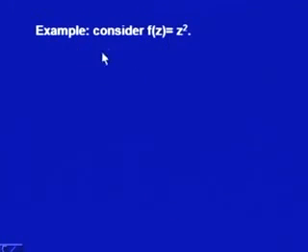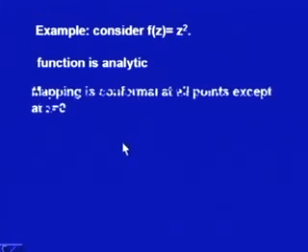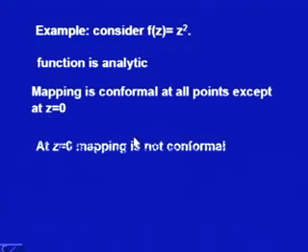So this is an example. We consider f(z) equal to z square. This function is analytic, and it is conformal at all points except at z equal to 0. So z equal to 0 is a critical point. One may also notice that f dash z is 0 at z equal to 0. So at z equal to 0 the mapping is not conformal, but at all other points the mapping is conformal, and angles are preserved.